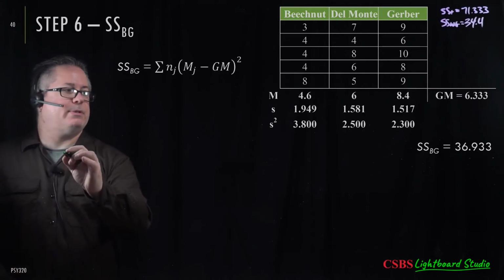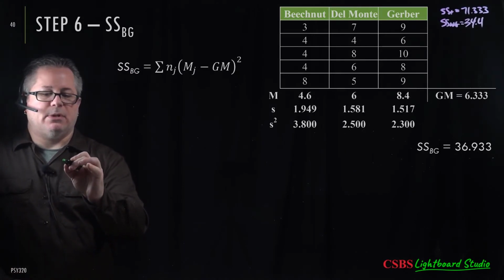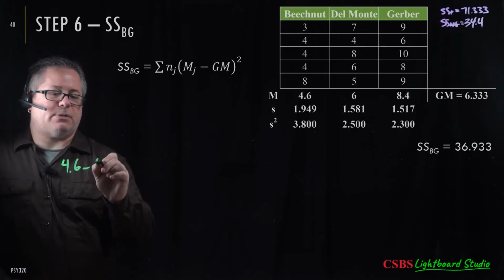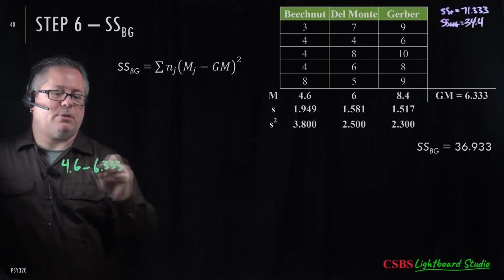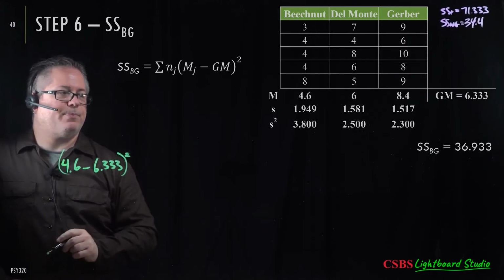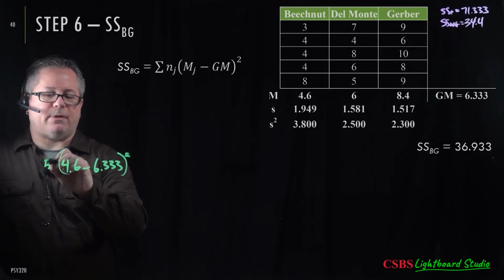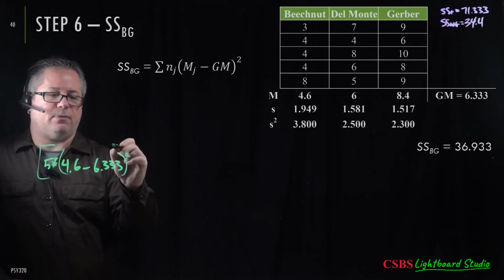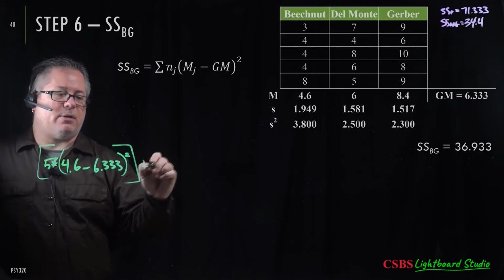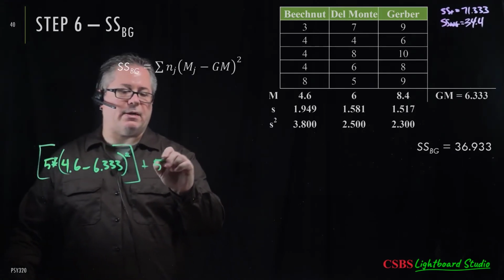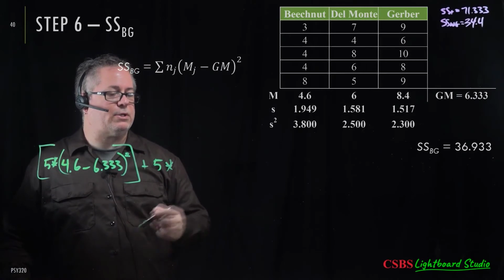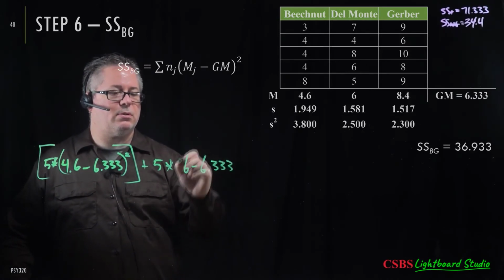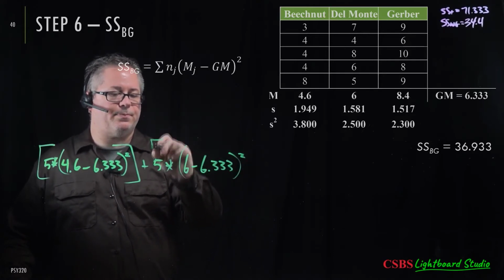So that is, first mean is 4.6 minus our 6.333 squared. And I'm going to multiply that by 5. So 5 times that number. All right, so that's the first one. I'm going to add to that 5 times the next one. 6 minus 6.333 squared.